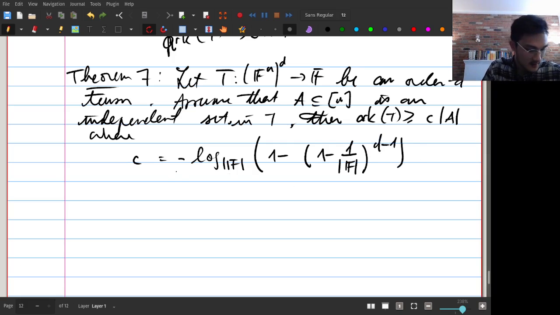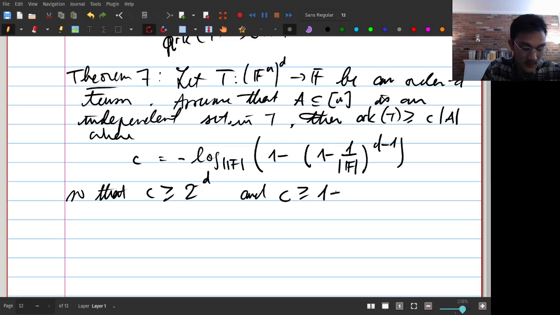That's it. And then we have some observations, so that C is greater than or equal to 2 to the minus d, and C is greater than or equal to 1 minus log d minus 1 over log of F.